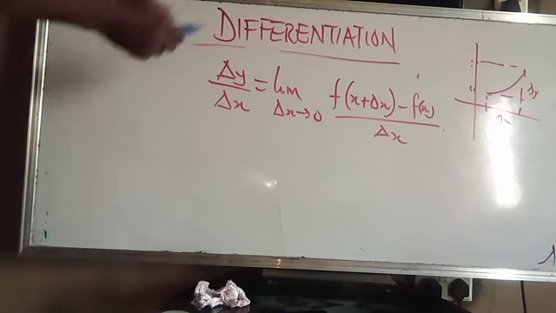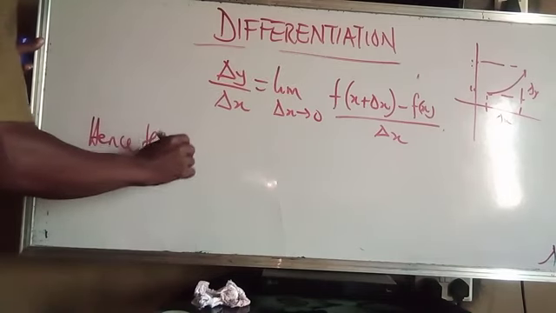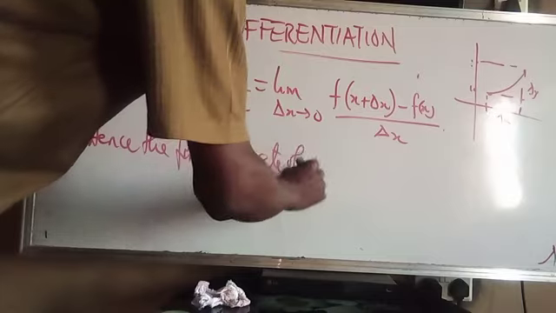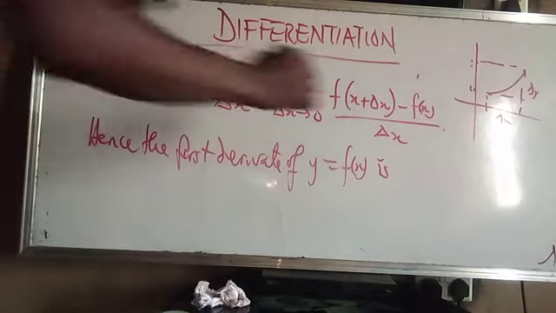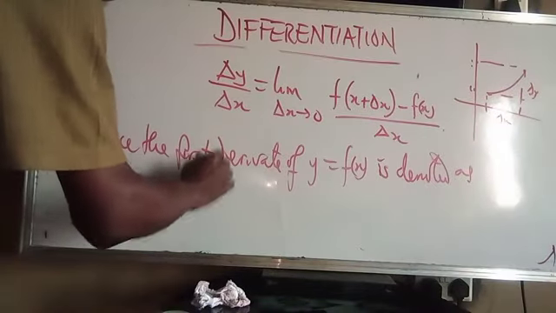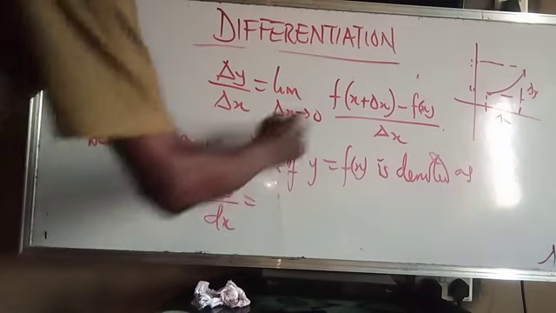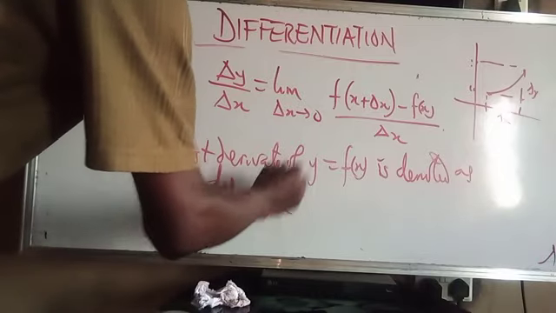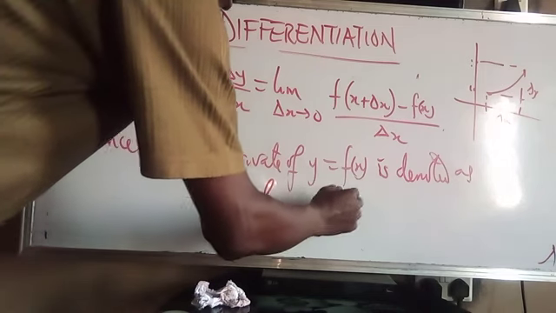So, the first derivative of the function y is equal to f of x is denoted as dy dx, that is because of the limit that exists, is equal to the limit as delta x tends to 0 of this.